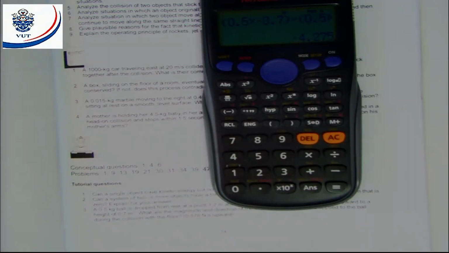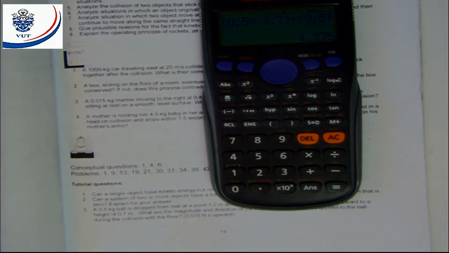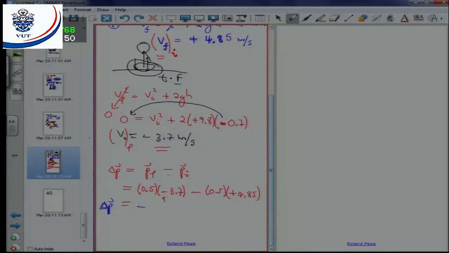So we get the impulse equals negative 4.275 Newton second.